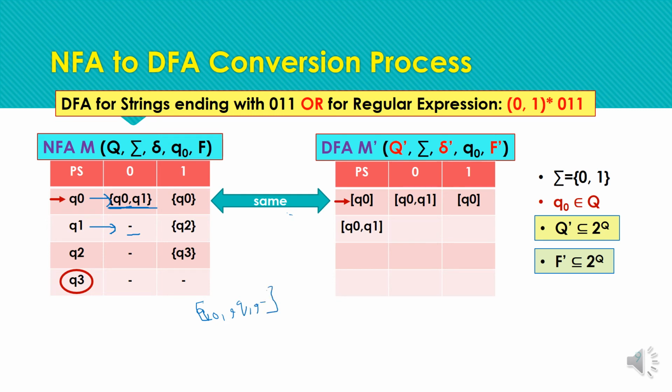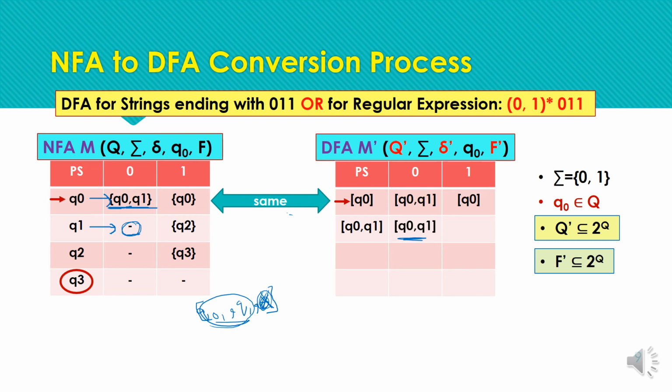As Q1 has transition to no state over here, we can avoid this, meaning we need not write it. So the resulting state comprises only two states, Q0 and Q1. So in the DFA table we can write the transition as Q0 Q1.